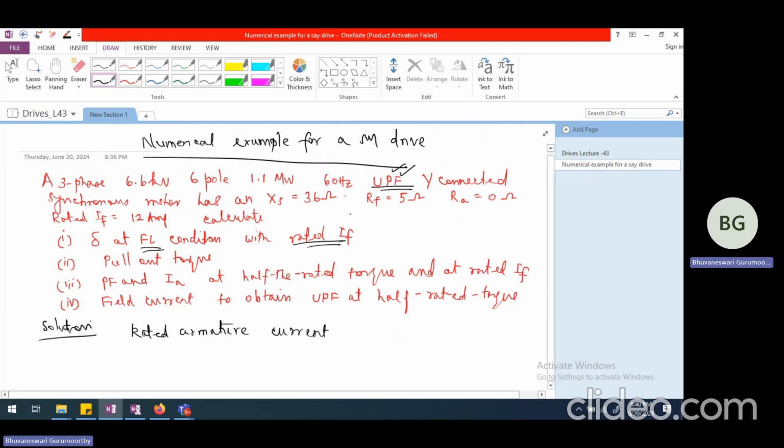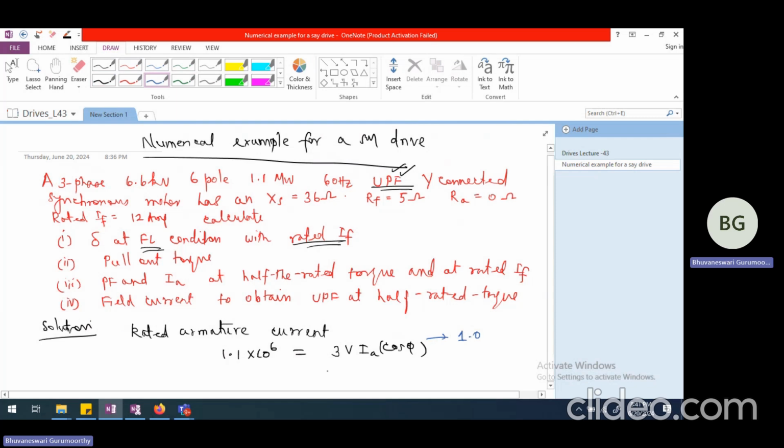Unity power factor is the condition under which full load is supplied at rated frequency and rated field current. So 1.1 multiplied by 10 power 6 is equal to 3 VIA cos phi, and cos phi is already given to be unity.